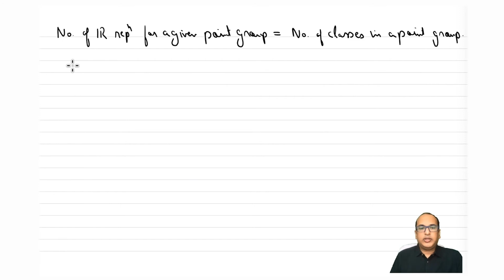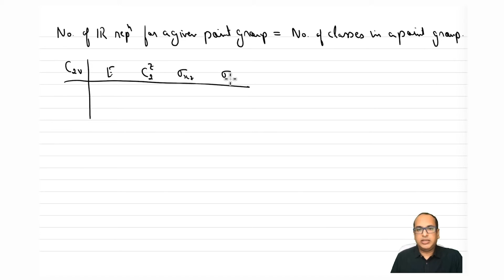Okay. So that means, let's say again, if we consider the C2V point group, we have how many classes? We have 4 classes there, right? Each element is a class in itself because it's a cyclic group, I think. So you should have tau1, tau2, tau3, tau4, right?